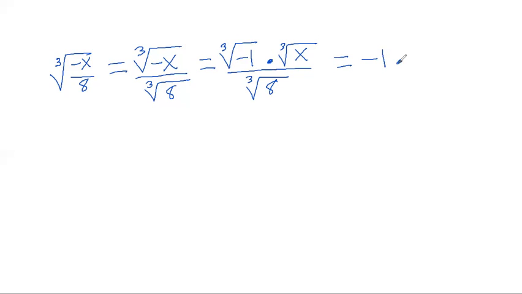And then the cubed root of x, I can't simplify that further, so that stays as is. And in the denominator, the cubed root of 8 is a perfect cube, it's 2. So you wind up getting negative cubed root of x over 2.